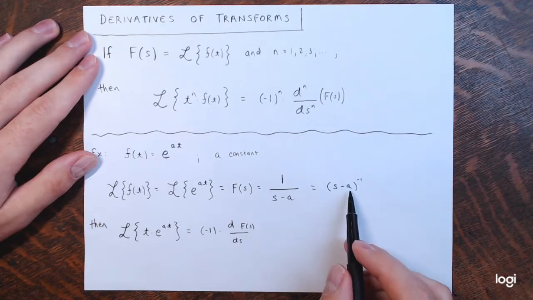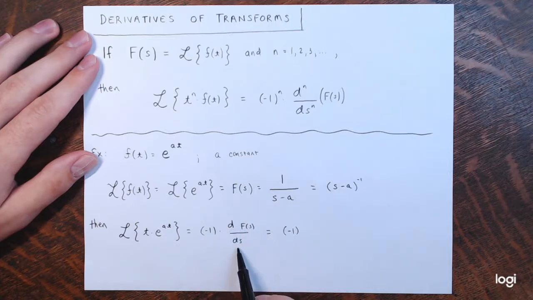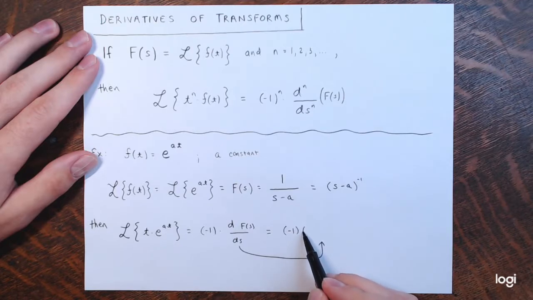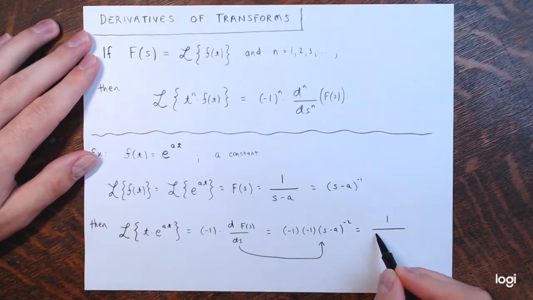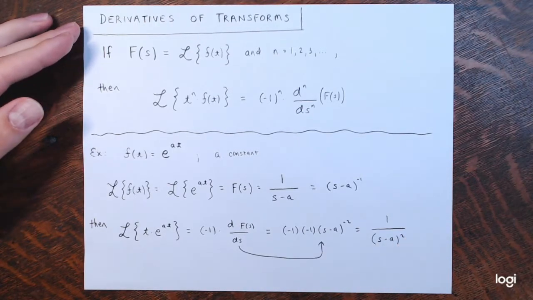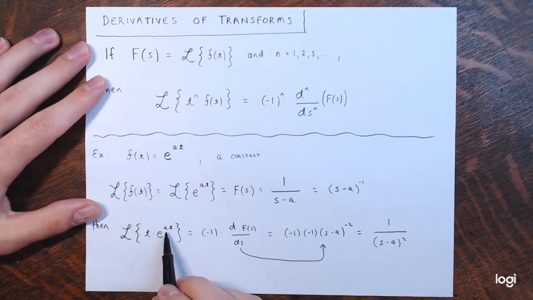Well, there's F of s. The first derivative would be the following. So I have negative 1, and then this first derivative of F of s would be negative 1 times s minus a to the negative second. So we'd get positive 1 over the quantity s minus a squared. And there's the Laplace transform of t times e to the at.